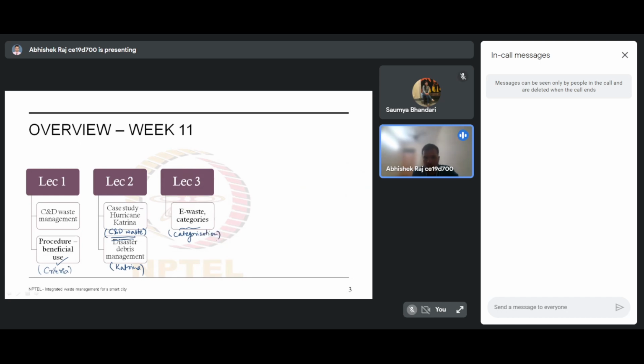And then we had the facts and figures pertaining to e-waste in the Indian context. This was about state-wise figures.